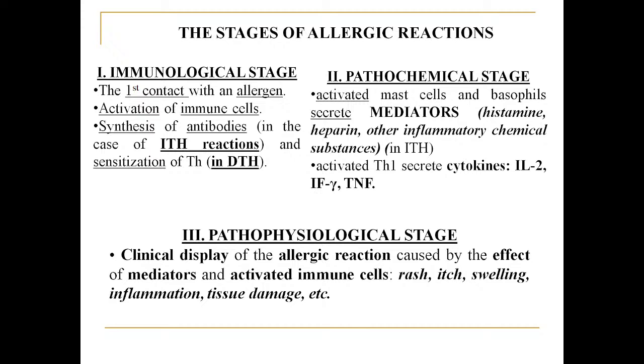In delayed hypersensitivity, activated T helpers secrete pro-inflammatory cytokines: interleukin-2, interferon gamma, and tumor necrosis factor. So the pathochemical stage includes production of chemical substances, of mediators of allergy or cytokines.